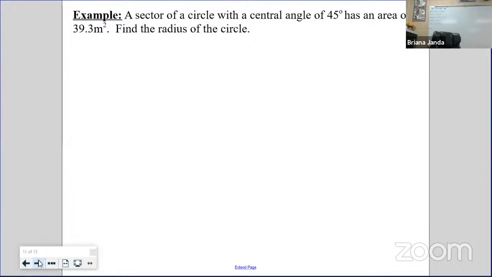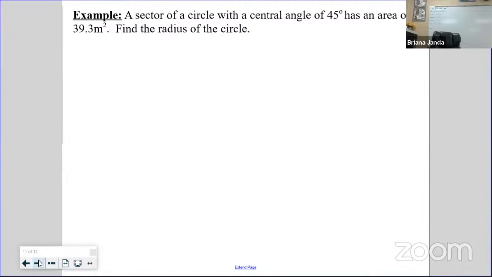All right, we have one last one to look at, and that is because of how radius is in this equation, just looking at one more option of how you could see this. Our last example today says the area of a circle that has a central angle of 45 degrees has an area of 39.3 meters squared.